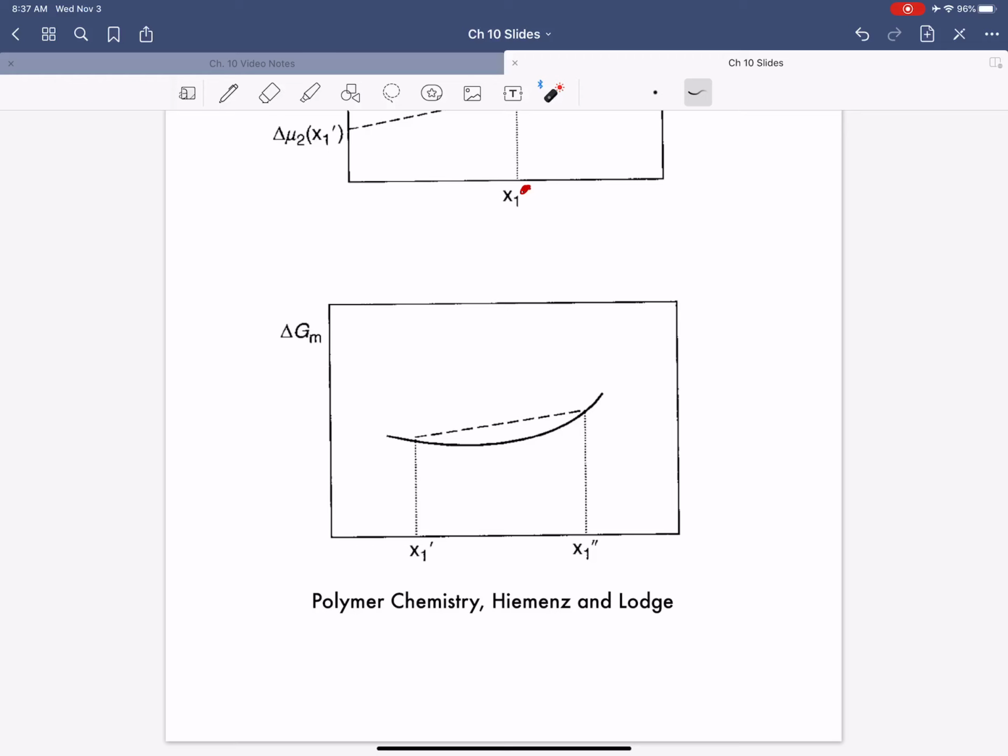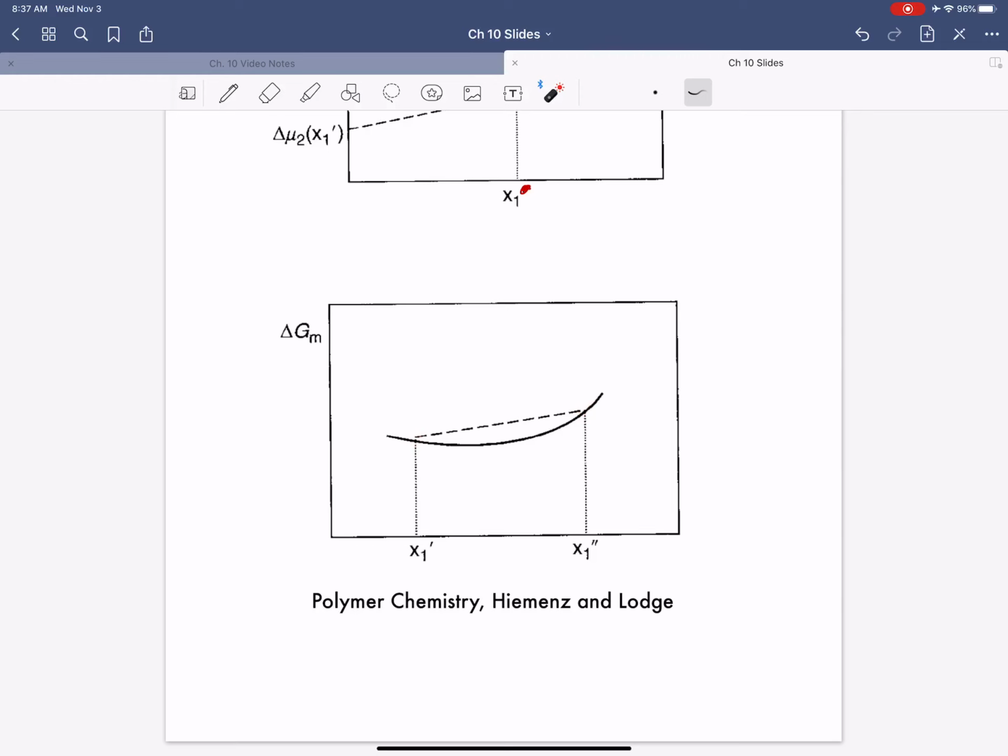If we draw that line connecting those two points, there's always going to be a range of delta G mix values that are lower than these two points.